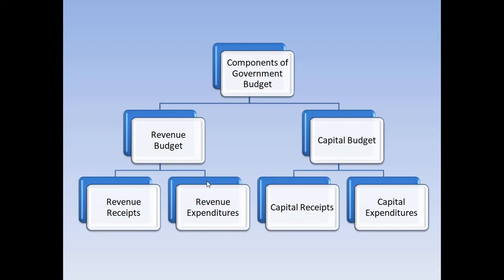Now it is repaying the loan and paying the interest also. That is known as capital expenditure. So by capital receipt, the example can be a loan taken from IMF, and the example of capital expenditure can be the repayment of the loan. The payment of the interest will fall under this category, that is your revenue expenditure, you know that part.